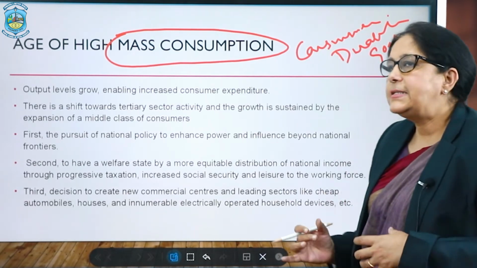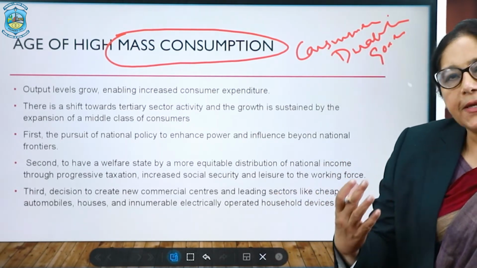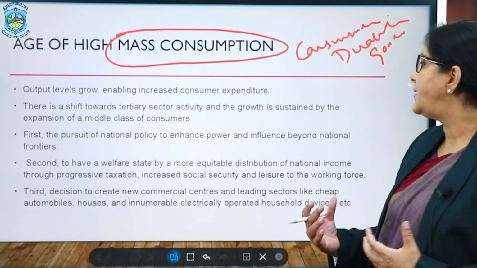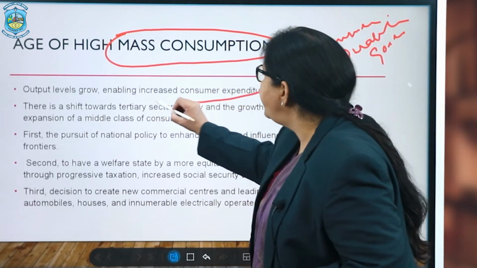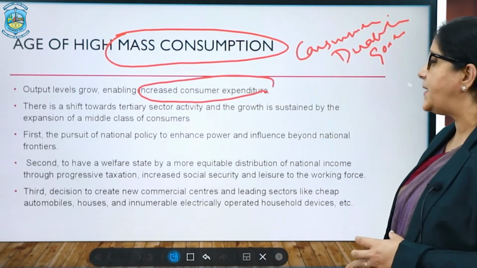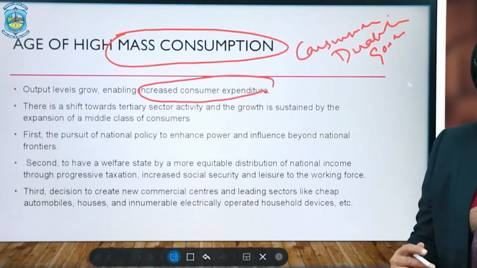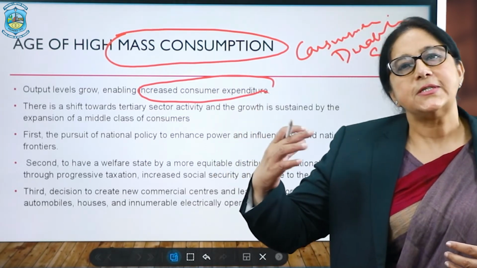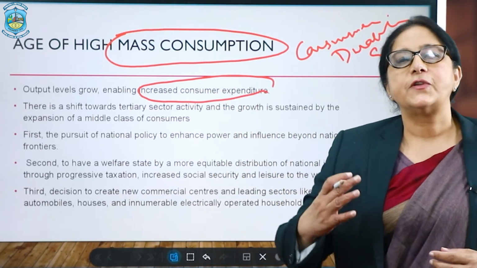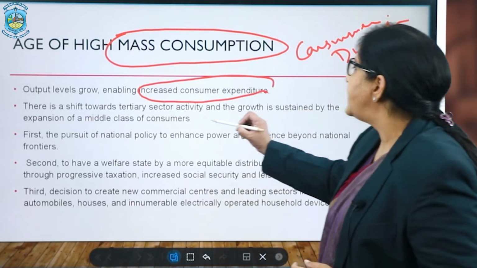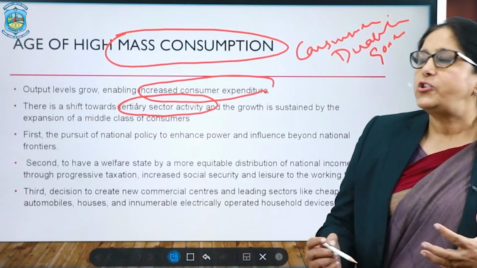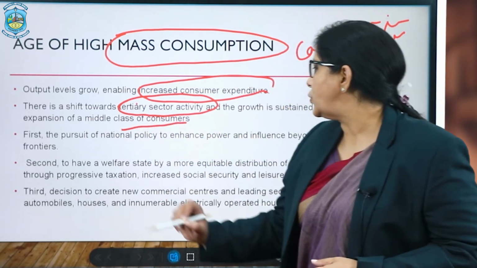Now, as the incomes increase and output increases, the demand increases, as a result of which there is a significant increase in the consumer expenditure, and the occupational structure, the sectoral contribution to the GDP, also changes in favor of the tertiary sector, and there is an emergence of tertiary sector activity and expansion of the middle class of consumers.